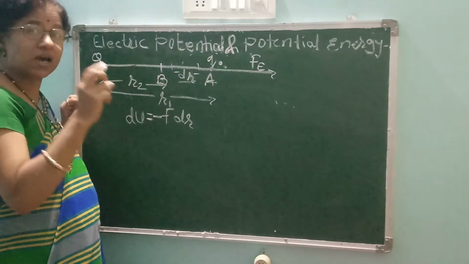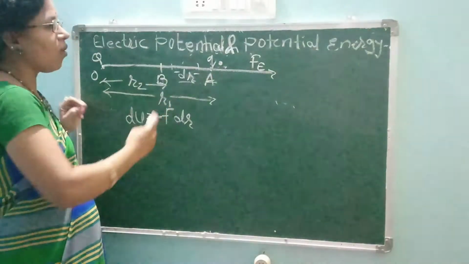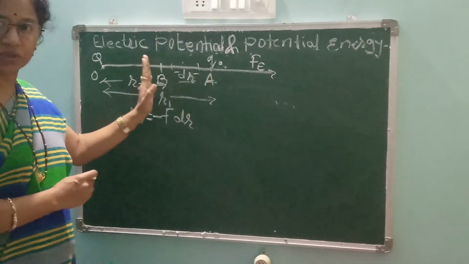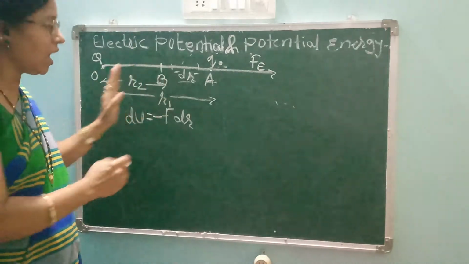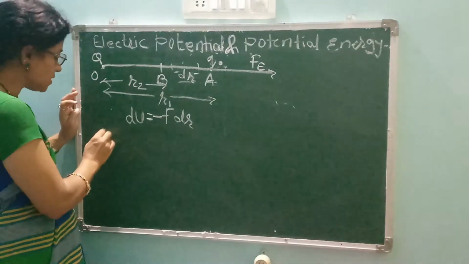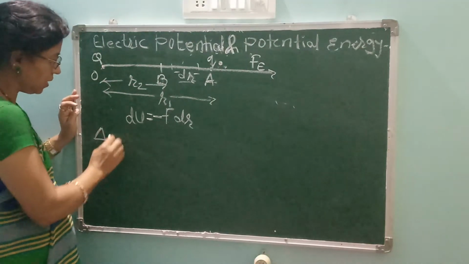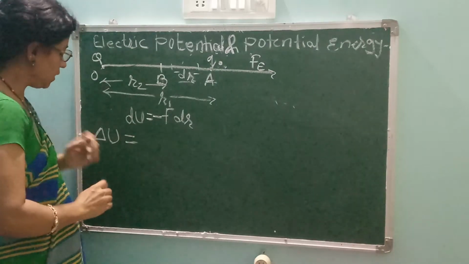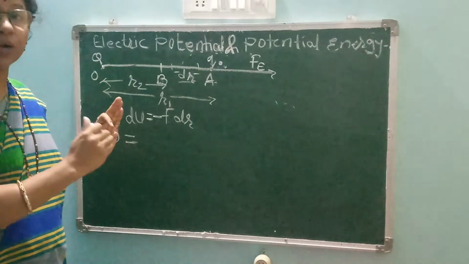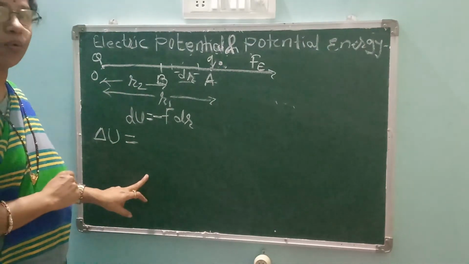Now in this again the displacement of the charge q0 from the initial position to the final position. We will write down del U, that is the change in the potential energy, which we can say is the increase in the potential energy.